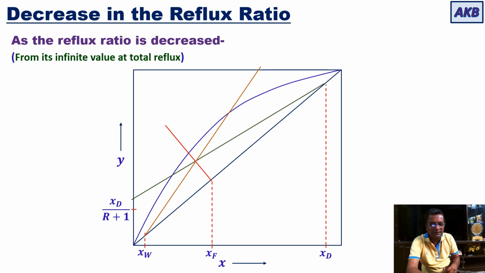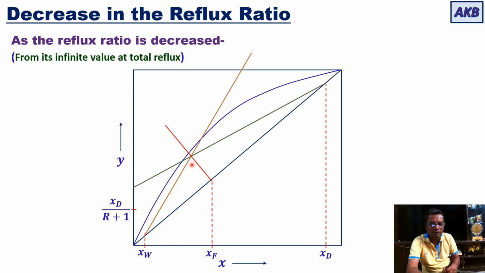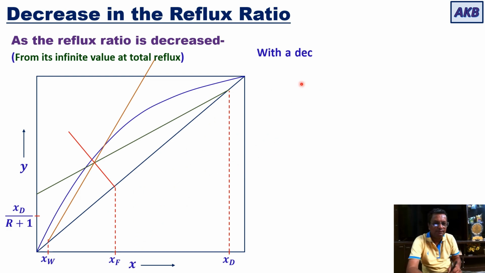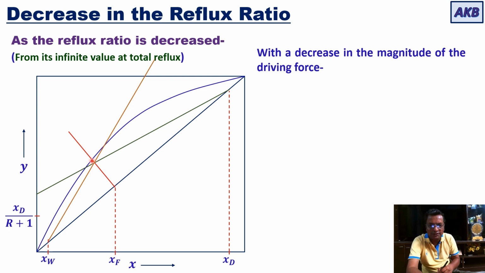On further decrease in the reflux ratio, the rectifying section line will move closer to the equilibrium curve, and it will be followed by the stripping section line. Okay, so you must have observed that as you are decreasing the reflux ratio, this intersection point is moving towards the equilibrium curve. The two lines are moving towards the equilibrium curve. So with a decrease in the magnitude of the driving force, the distance between the intersection point and the equilibrium curve is decreasing with the reflux ratio.